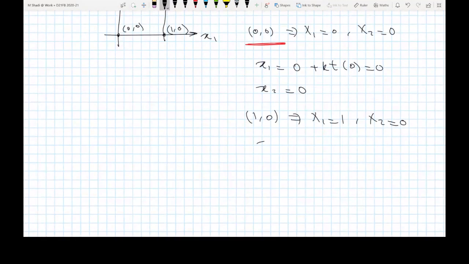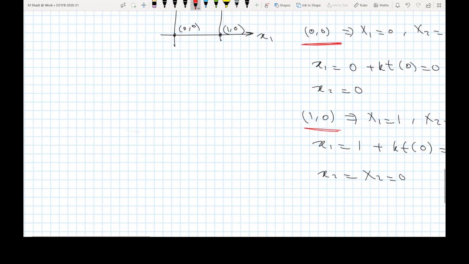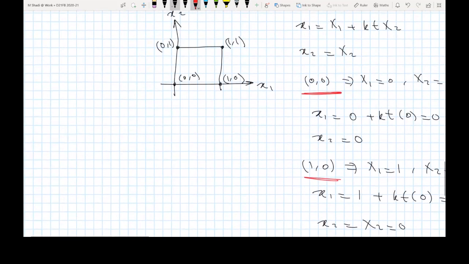So just use the same equations. x1 is equal to X1, which is 1, added to X2, which is 0, multiplied with kt. So this is 0, so this is equal to 1. x2 is equal to X2, which is 0. So this is the second point.